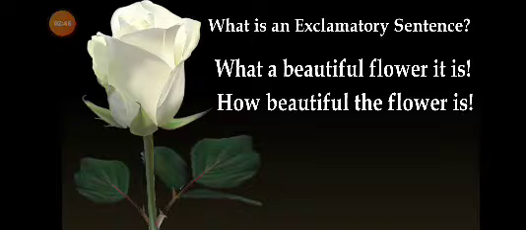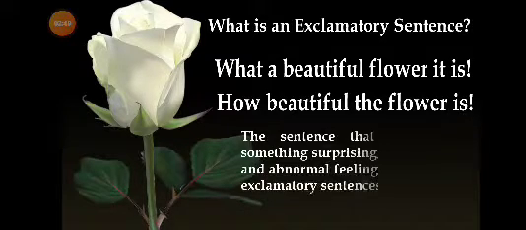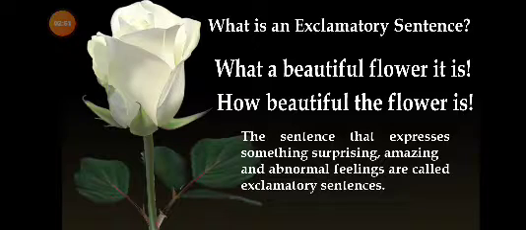One is with what a and another is with how. And these 2 sentences express sudden feelings of our mind. So the sentence that expresses something surprising, amazing is called exclamatory sentence.